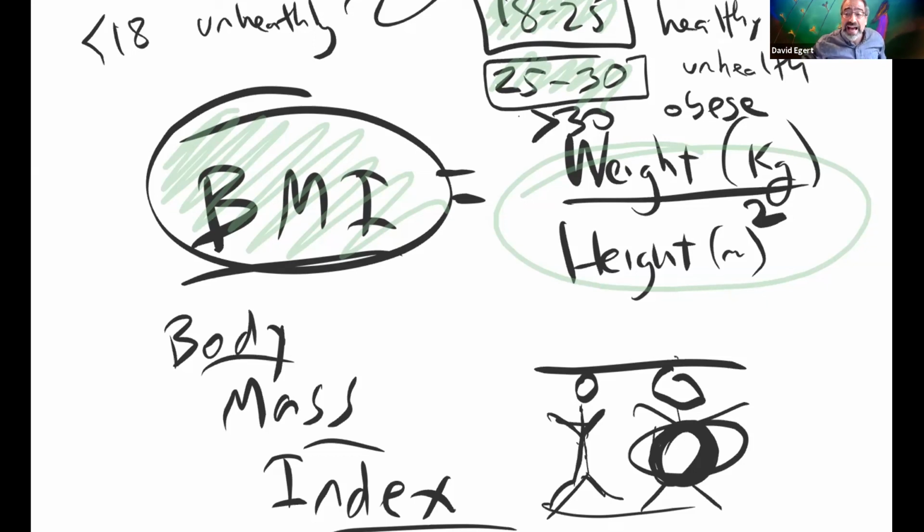Guys in general tend to have a larger BMI than women due to muscle. In general, testosterone is anabolic. Men and women doing the exact same things, the guy's going to end up with heavier muscles. Women end up having more body fat and subcutaneous fat just because of estrogen.